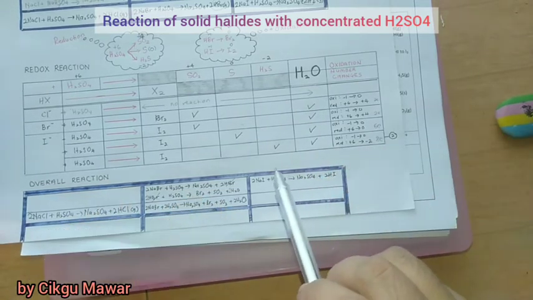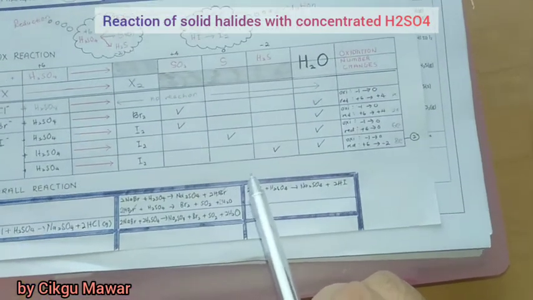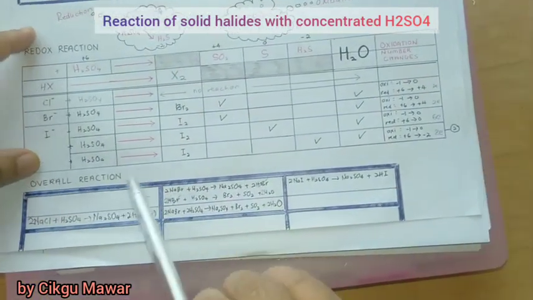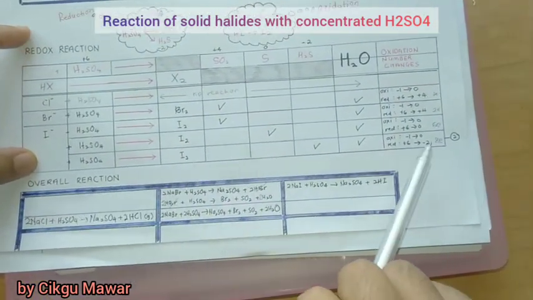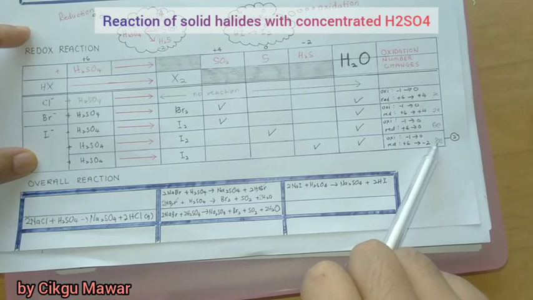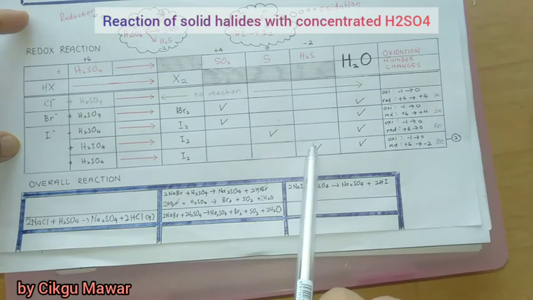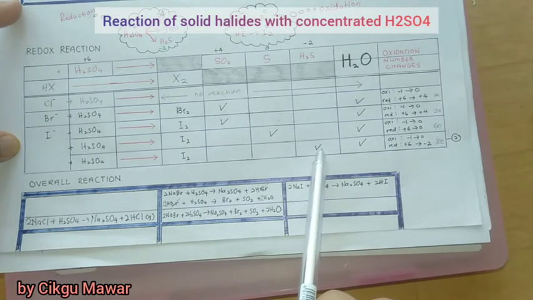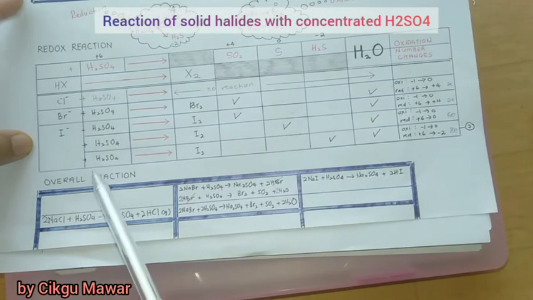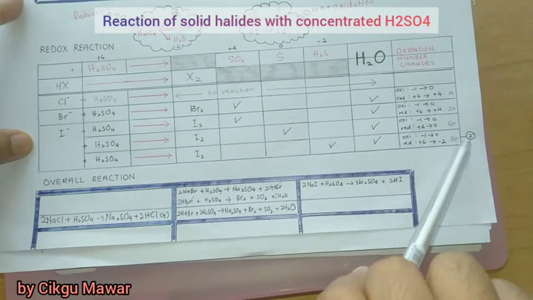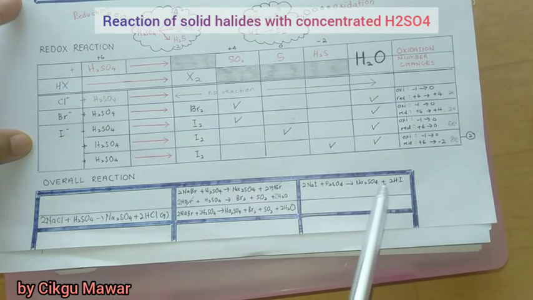Then for the redox reaction, as I told you earlier, we must choose the maximum electron that will be reduced. We choose the product hydrogen sulfide. So let's write the equation for the second reaction, the redox reaction.